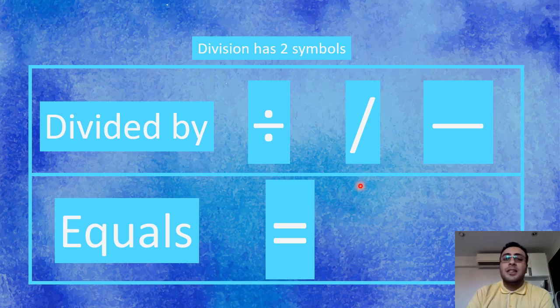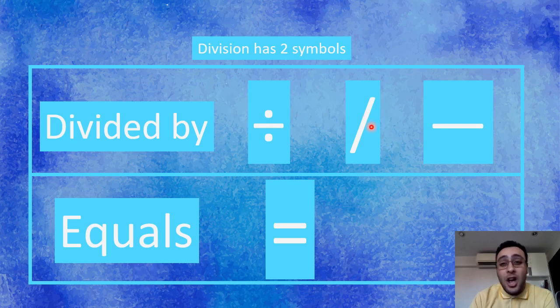Division has multiple symbols that mean the same thing. This, and this are all the same thing. They all mean divided by. So when you see this, it is divided by.